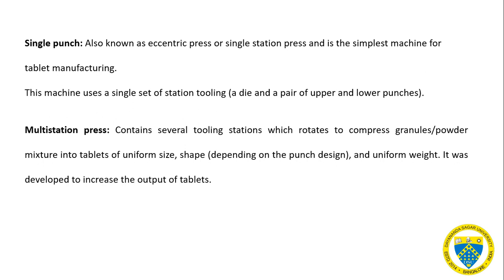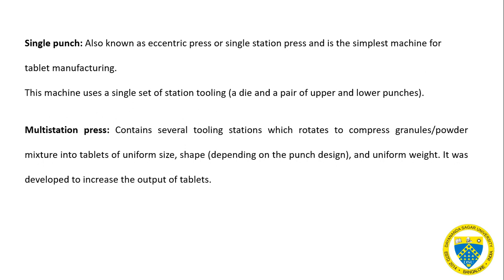Coming to the multi-station press, it contains several units of tooling station. It has n number of die cavities, dies, upper punches and lower punches, and n number of tablets can be punched at a single time, in a single rotation. The granules we have prepared are stored in the hopper.